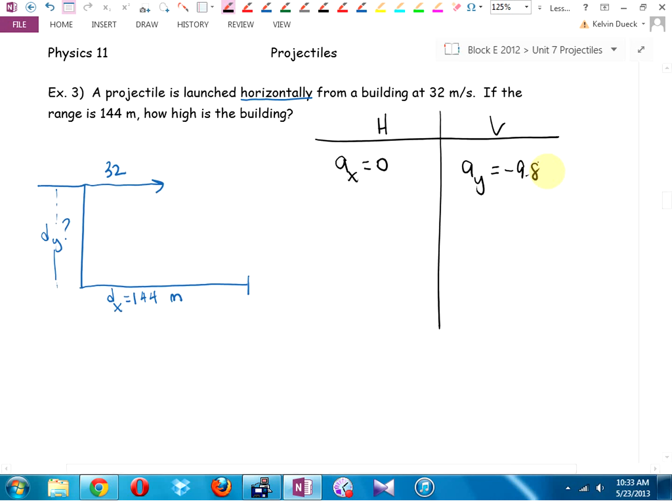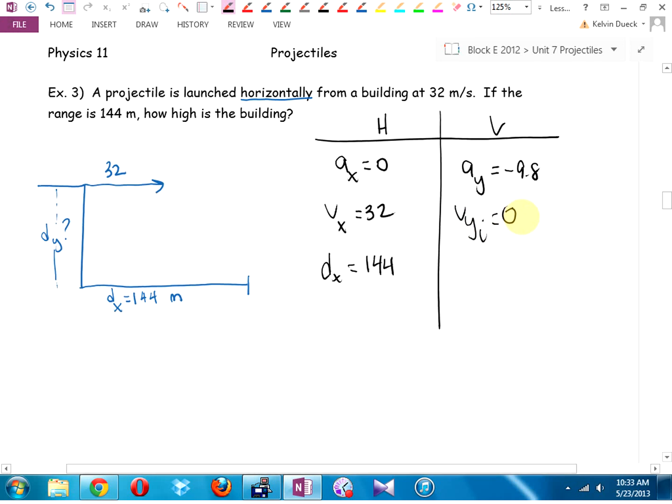Vx is 32. What else? Dx is 144, and that's to the right, so it is positive. Oh, I know Vy initial is 0, because we're launched horizontally for a split second. We haven't started falling yet.